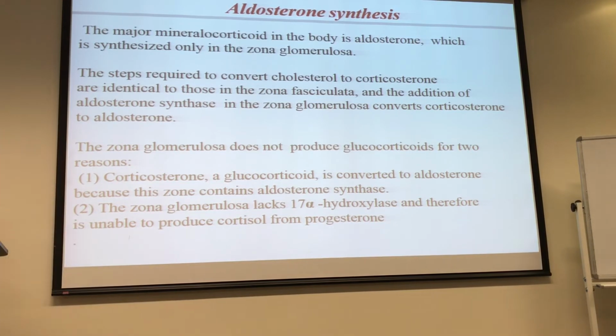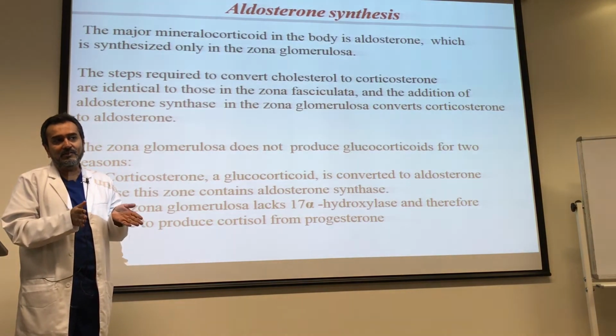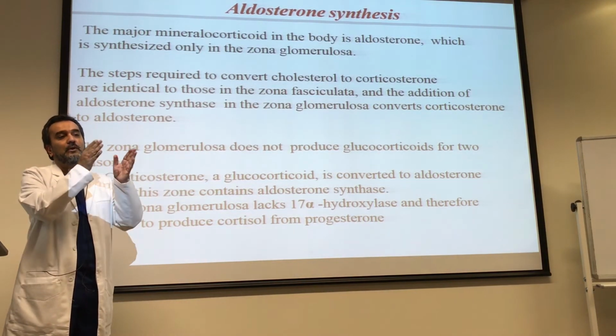So the zona glomerulosa does not produce glucocorticoids for two reasons. One is corticosterone, a glucocorticoid, is converted to aldosterone because this zone contains aldosterone synthetase. The second thing is that zona glomerulosa lacks 17-alpha hydroxylase. So if you don't have 17-alpha hydroxylase, you cannot produce 17-hydroxypregnenolone from pregnenolone.